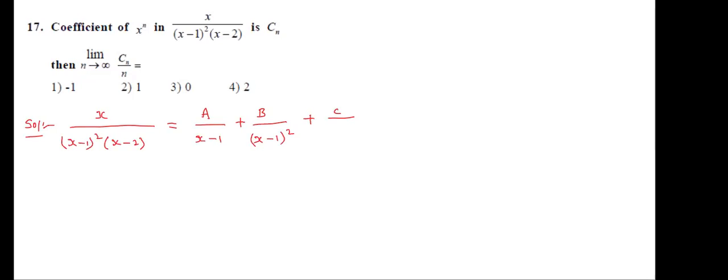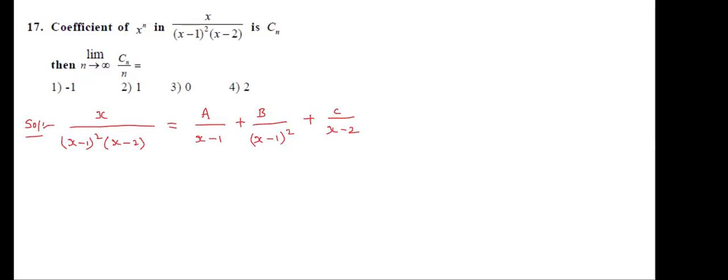See, x divided by x minus 1 whole square into x minus 2. Students, split into partial fractions. X minus 1 whole square, repeated linear polynomial. A by x minus 1 plus b by x minus 1 whole square plus c by x minus 2.